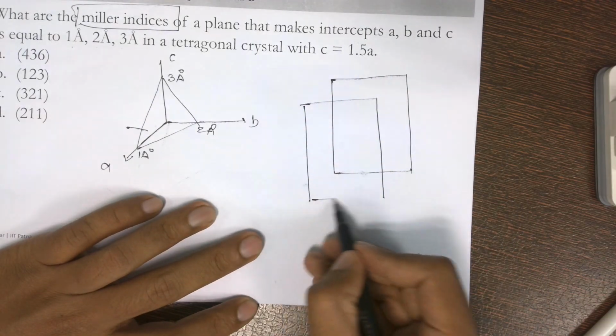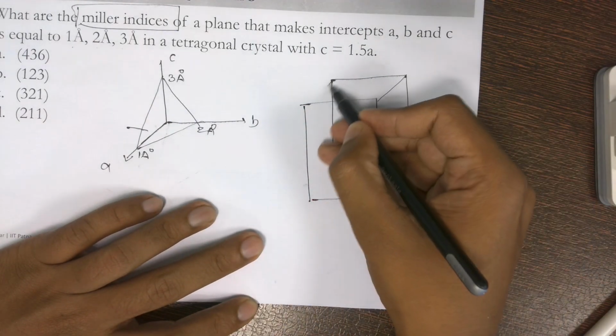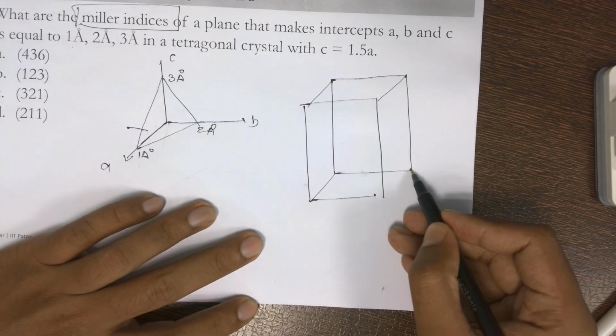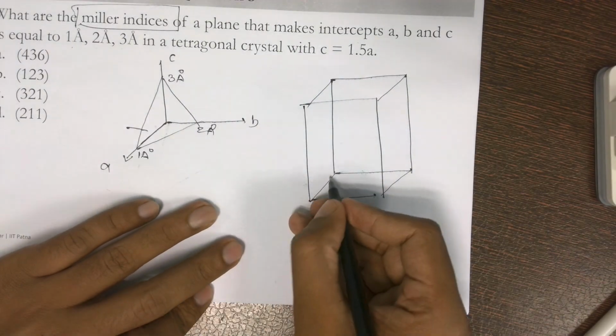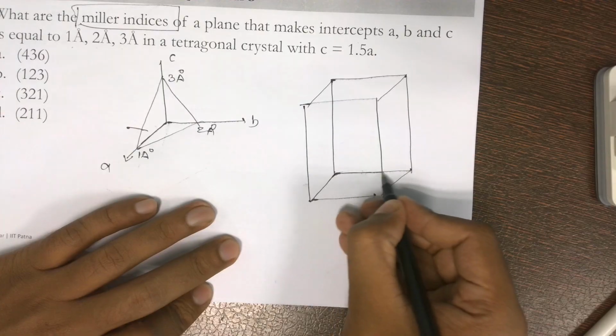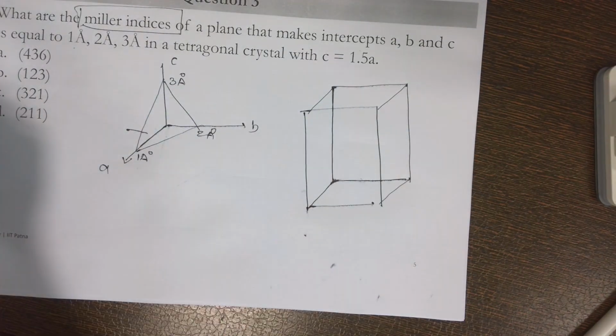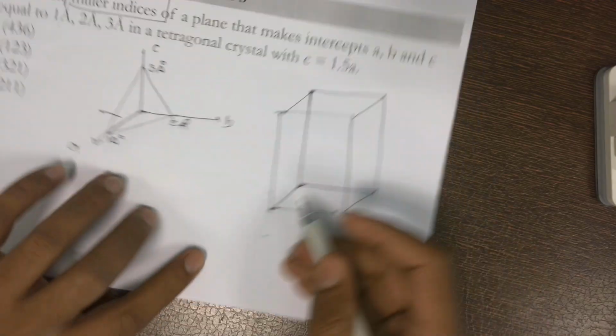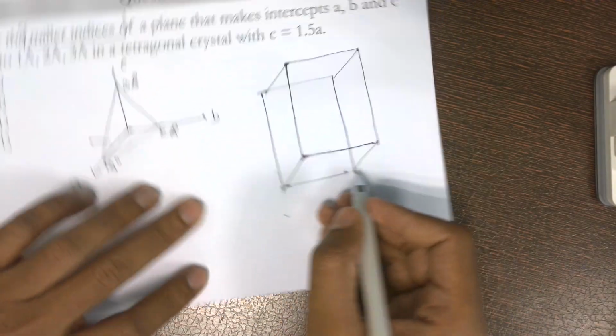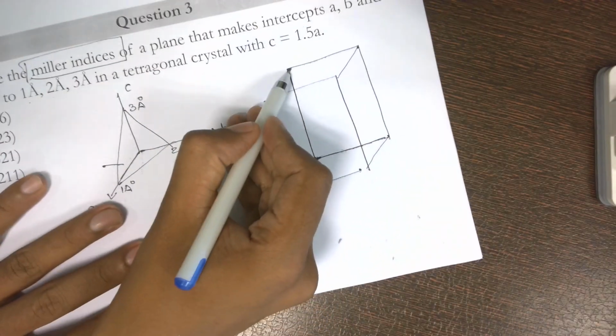I am making a tetragonal unit cell. Here this is A, this is B, and this is C. Our aim is to find the Miller indices of this particular plane which I am drawing now.